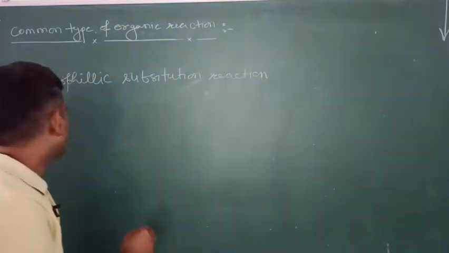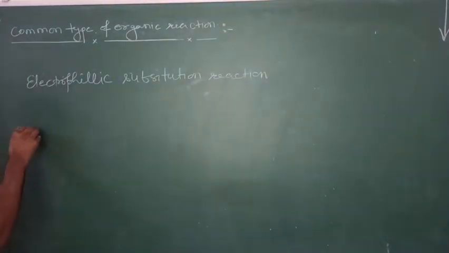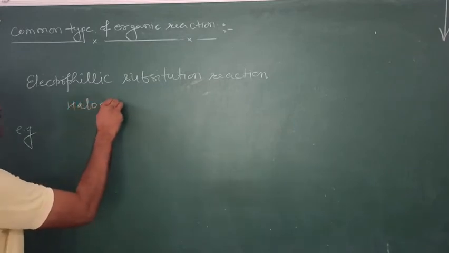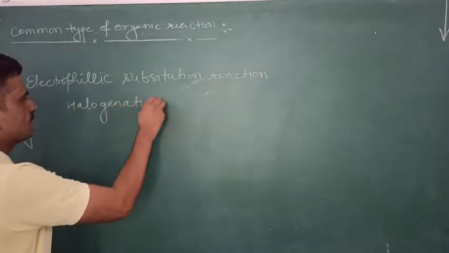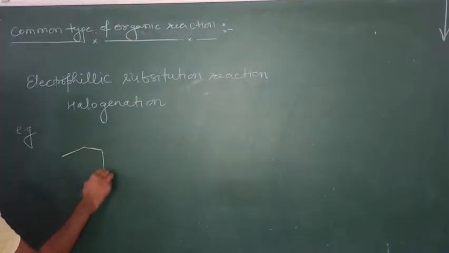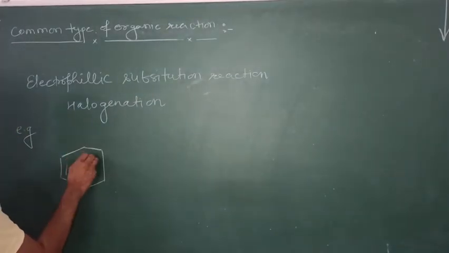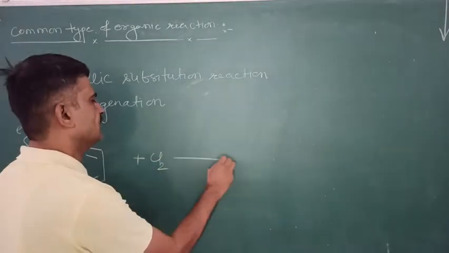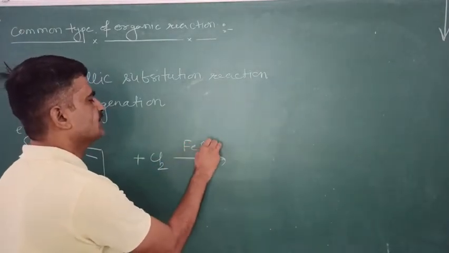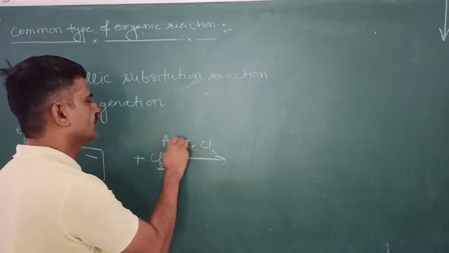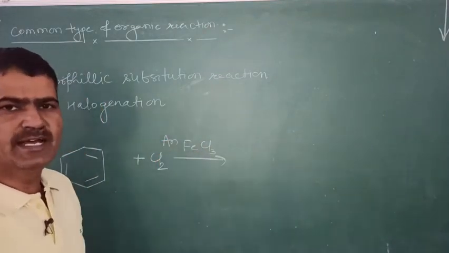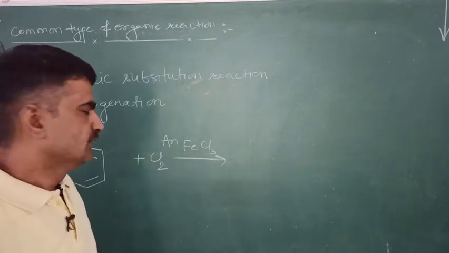Now look at the example. We study halogenation. This is benzene and it reacts with chlorine in the presence of anhydrous ferric chloride. This anhydrous ferric chloride acts as a Lewis acid and it will generate the electrophile.